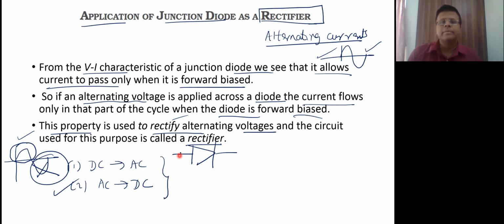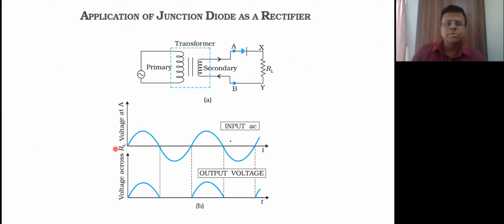I told that the junction diode is going to be used as a rectifier, and it is going to convert AC into DC. And these graphs we are going to explain in detail in the upcoming slides. So your basic rectifier, which is going to be called as a half wave rectifier.